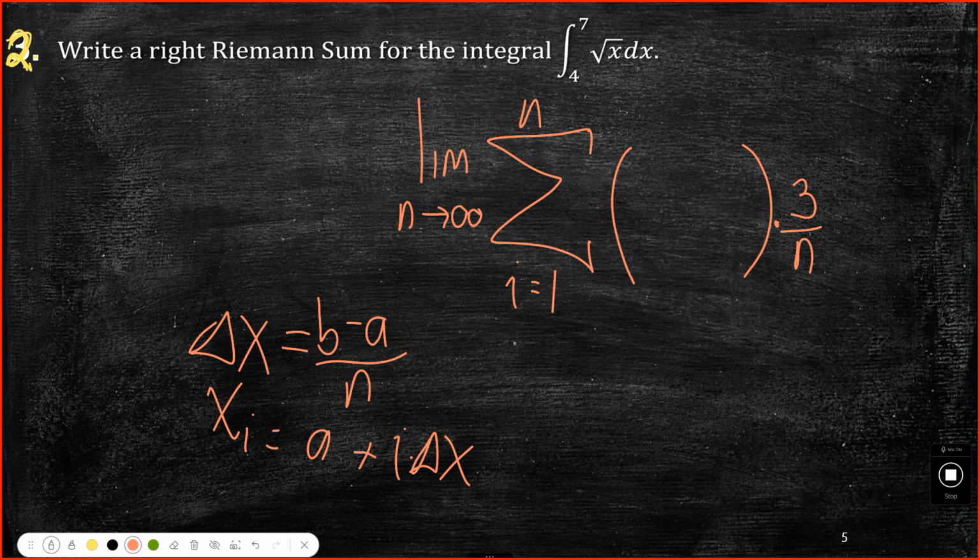So A is what? 4 plus i times 3 over n, no? Oh, it's 3i over n, no?